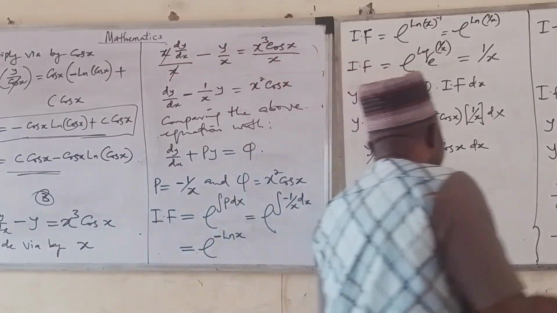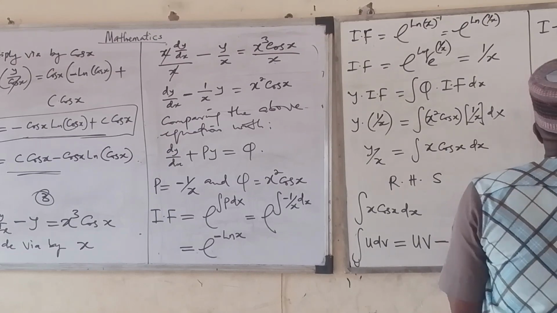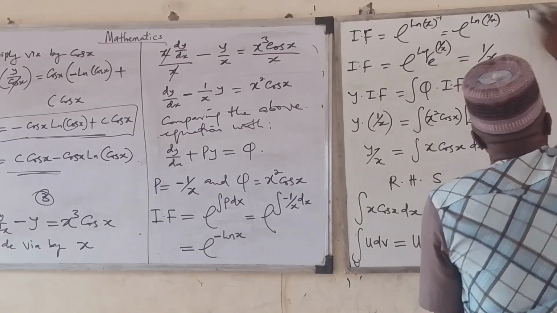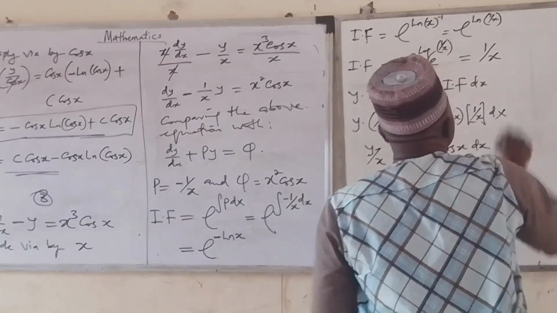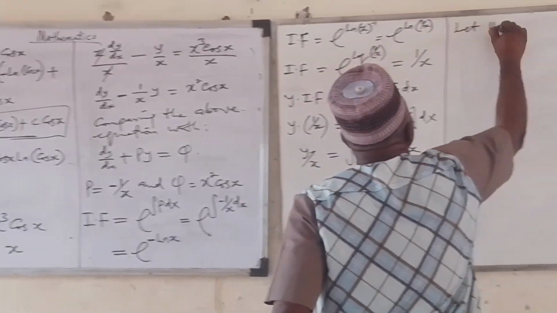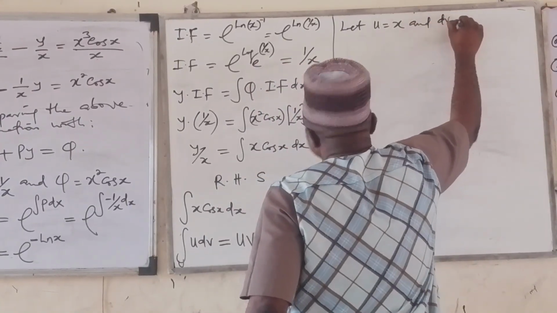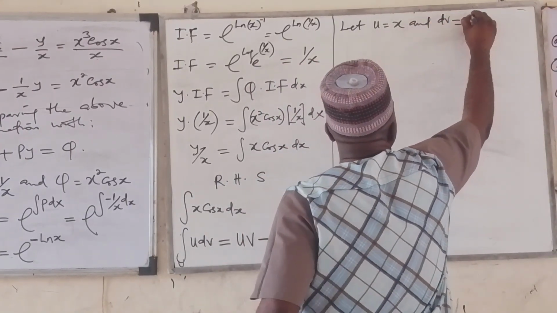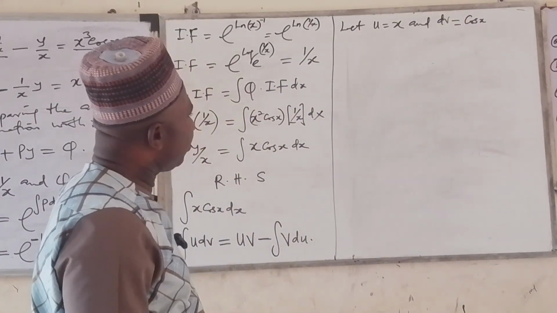So in this case, let u be equal to x and let dv be equal to cos x.